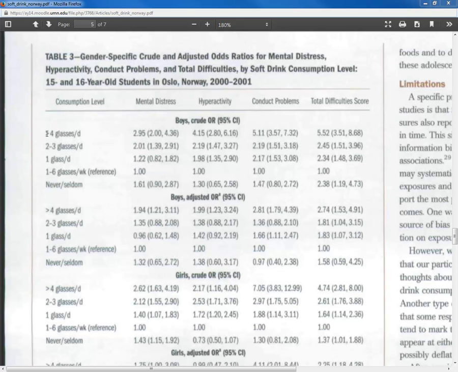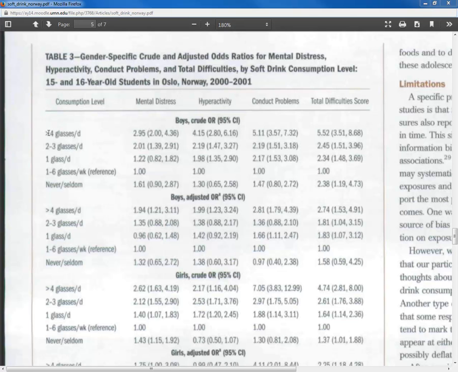That would define the numerator of an odds ratio, and the denominator, the reference level, is denoted here as reference. The comparison group in the denominator is those who drink 1 to 6 glasses a week.